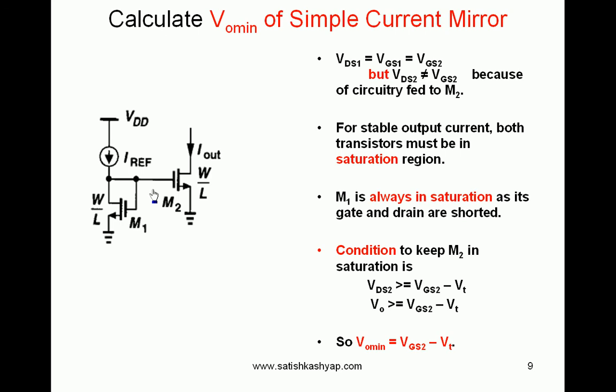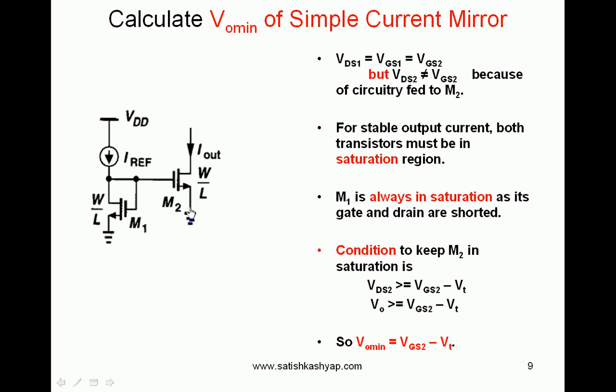From this current mirror, the first important point we can see is that VDS1, the drain to source voltage, is equal to VGS1, which is equal to VGS2. Both have the same gate to source voltage, but we cannot say that VDS2 is equal to VGS2 because of the circuitry fed across the M2 transistor.